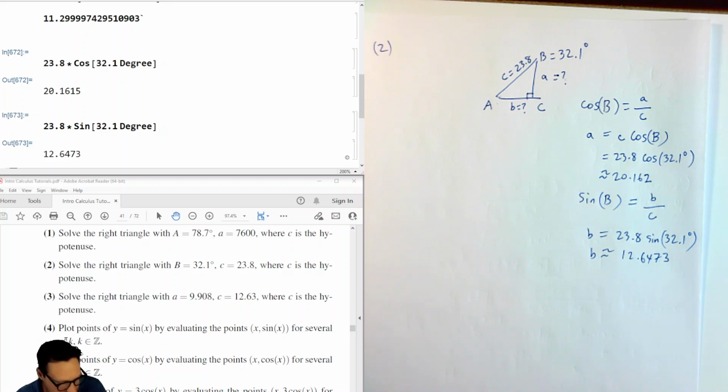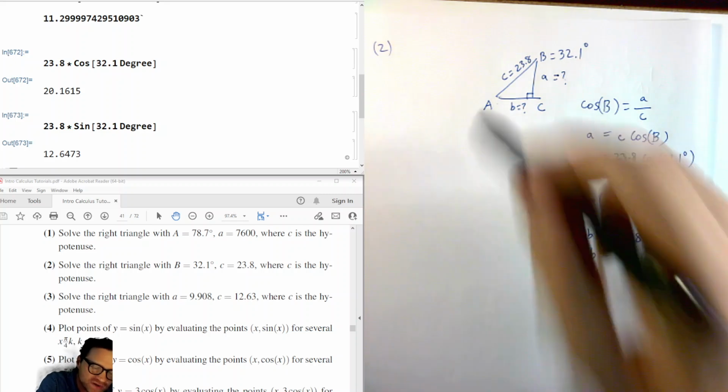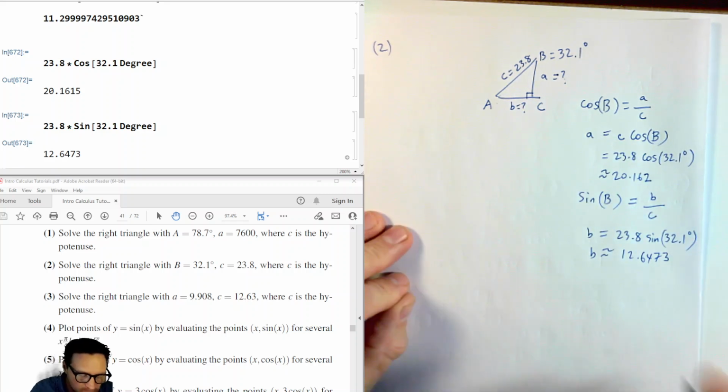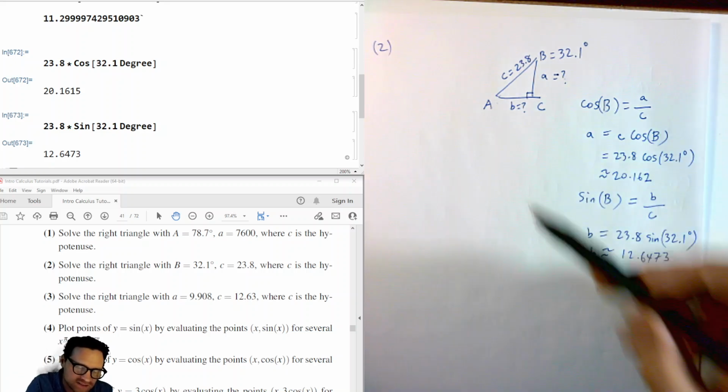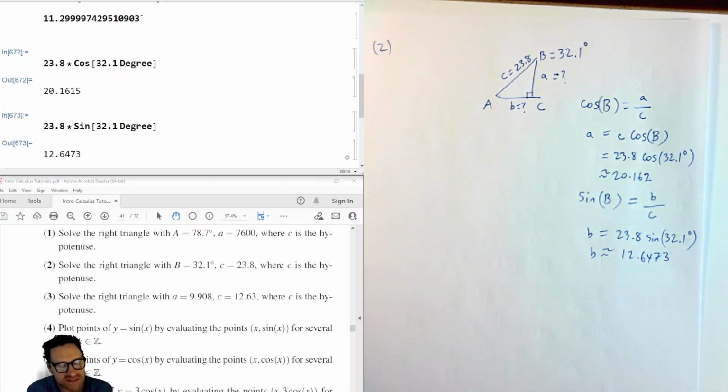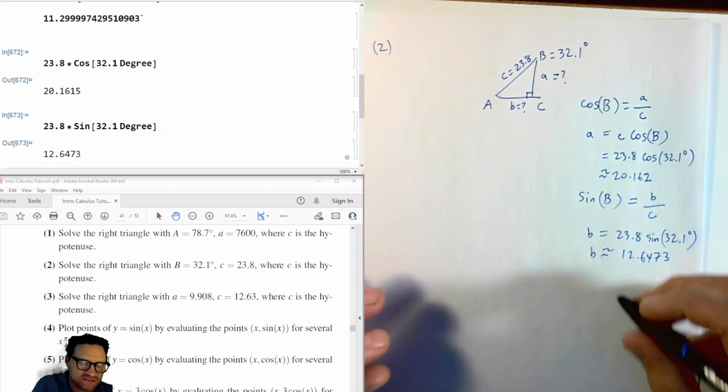Okay, fantastic. So what are we missing now? We're missing uppercase A, but the sum of the interior angles of a triangle add up to 180 degrees. And so we know that C is 90, so the sum of A and B adds up to 90 degrees.